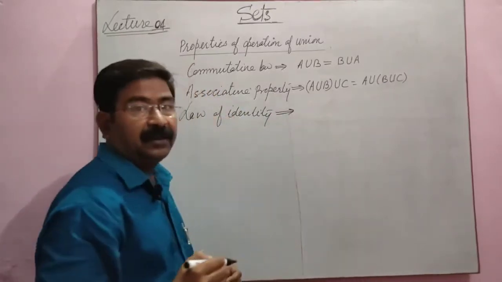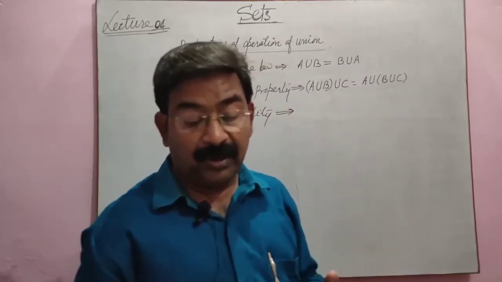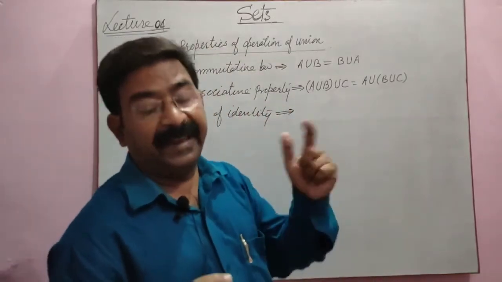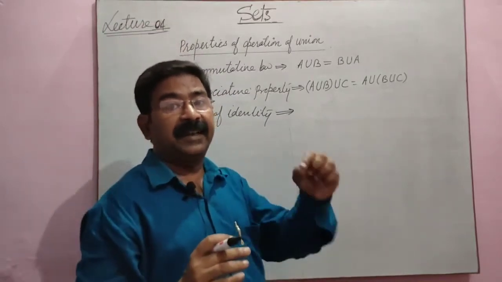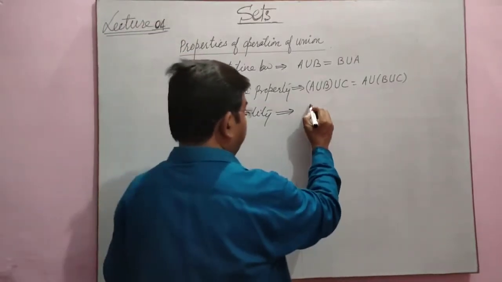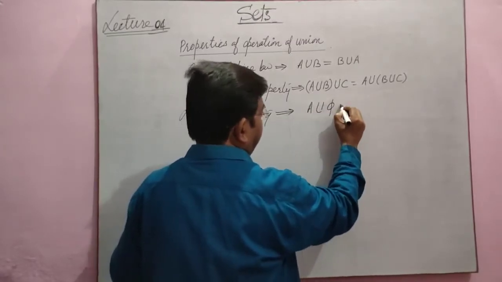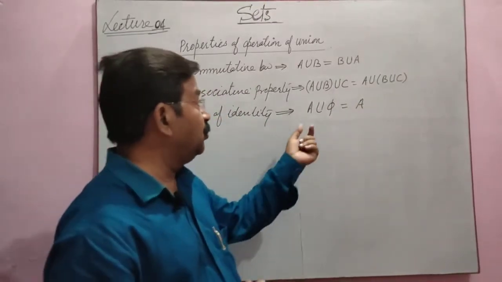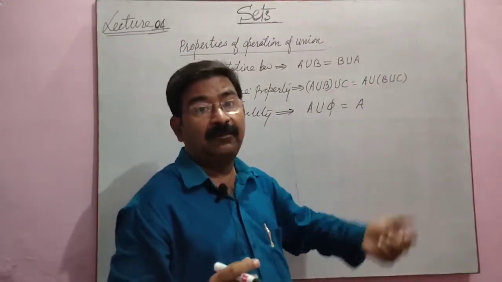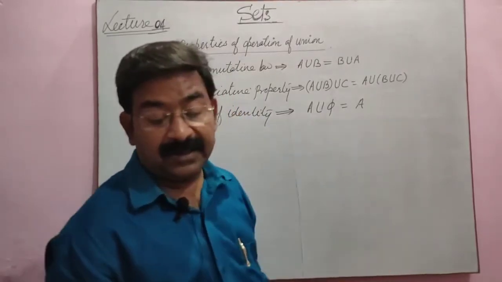If we find the union of a null set with any set, the result is the set itself. It means A union phi gives you A. When we find the union of an empty set with any other set, the result is the set itself.